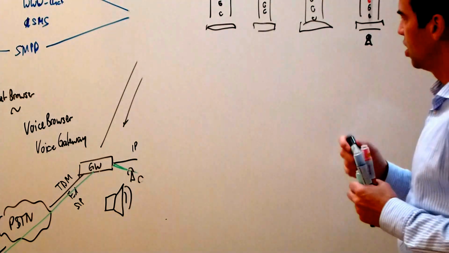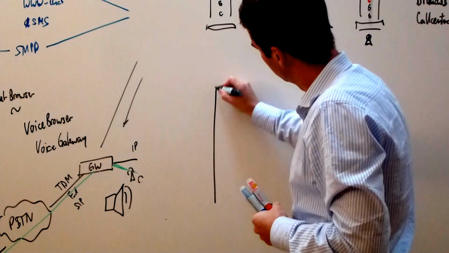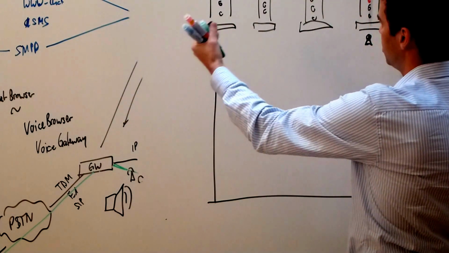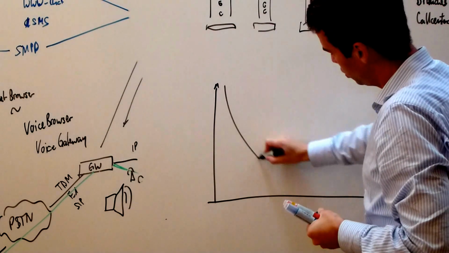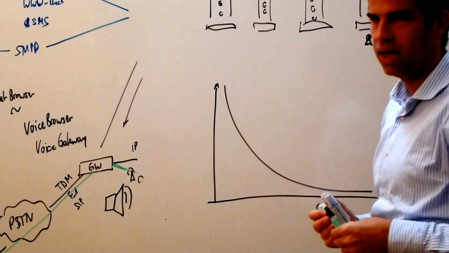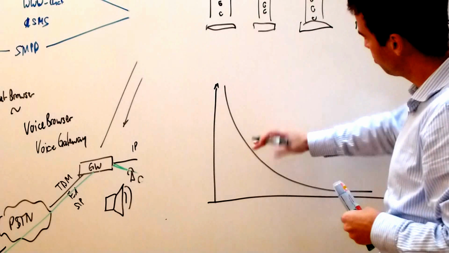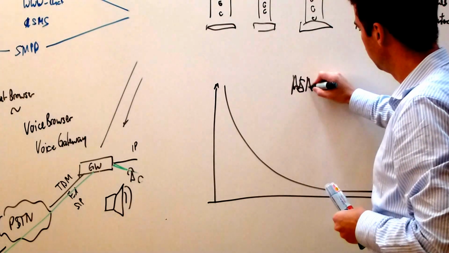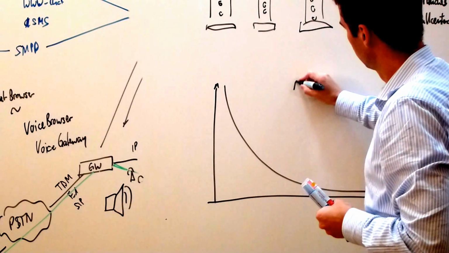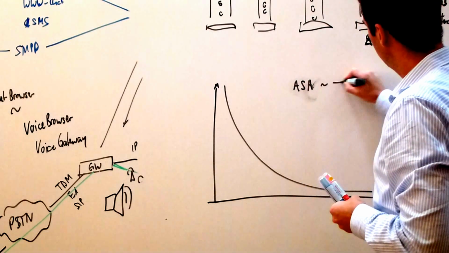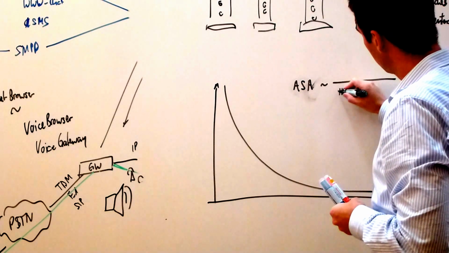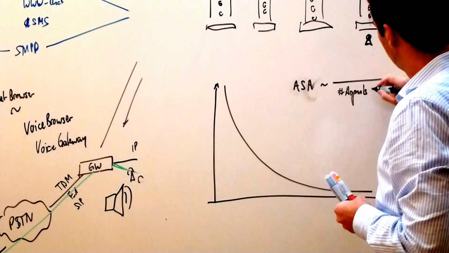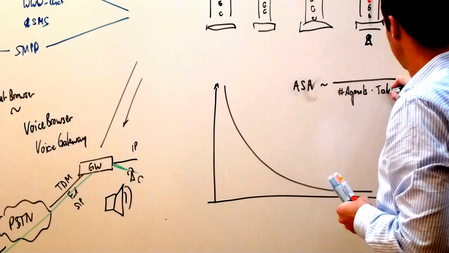There is a law called the law of Erlang, which says the more media or channels you pool together, the more your waiting time goes down. The average speed of answer is inversely proportional to the number of agents and to the talk time.